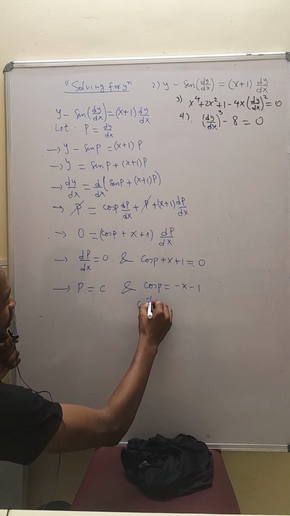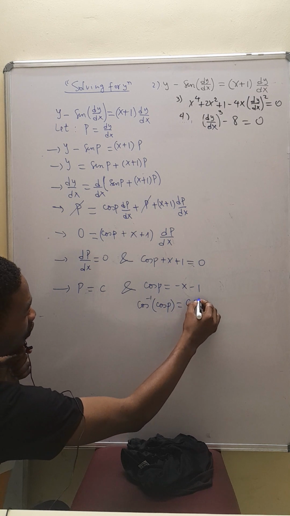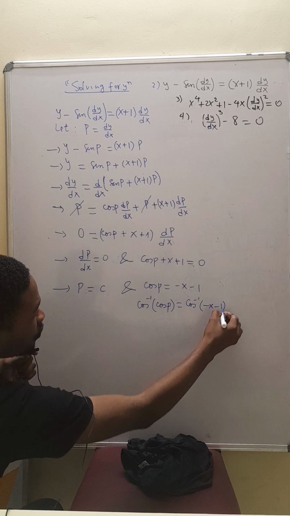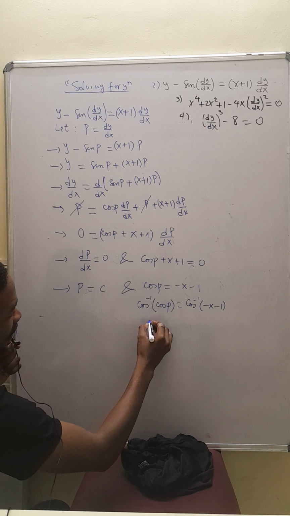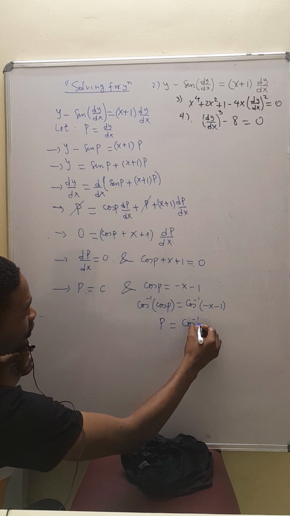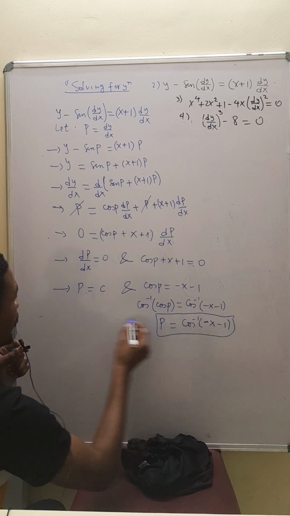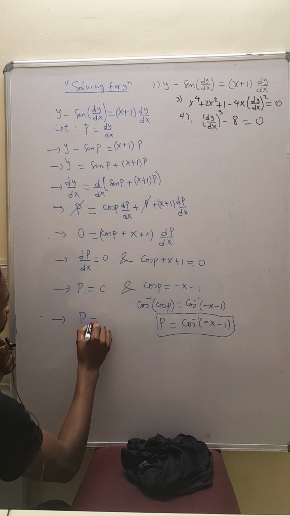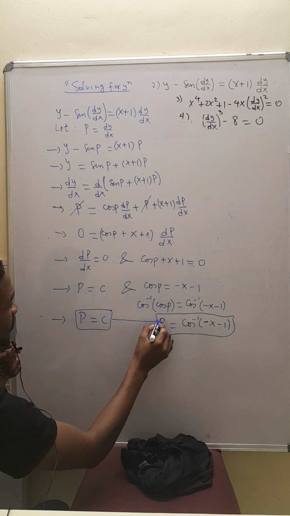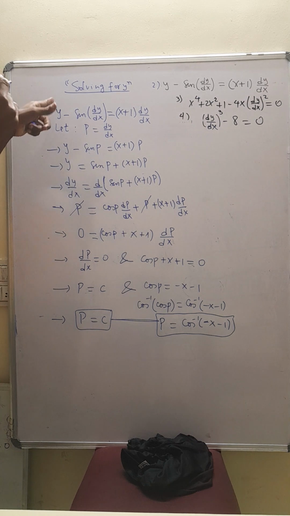Cos inverse of cos p is equal only to p, and on the right it is cos inverse of minus x minus 1. This is your p, as well as p equal to c. These two values of p are what you substitute into the main equation.